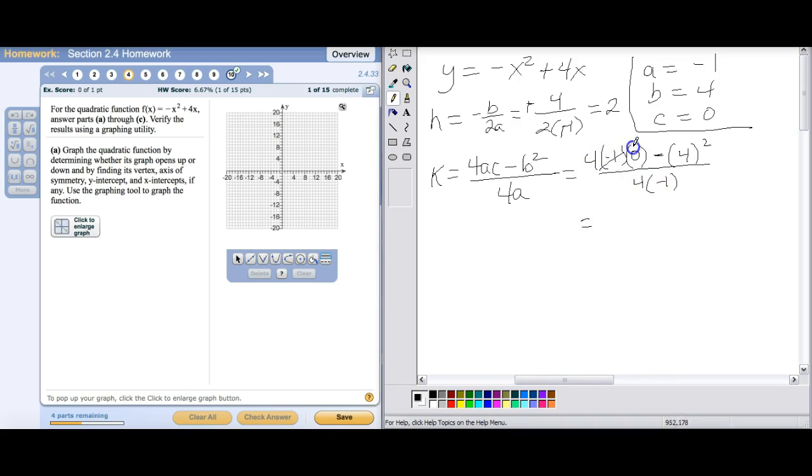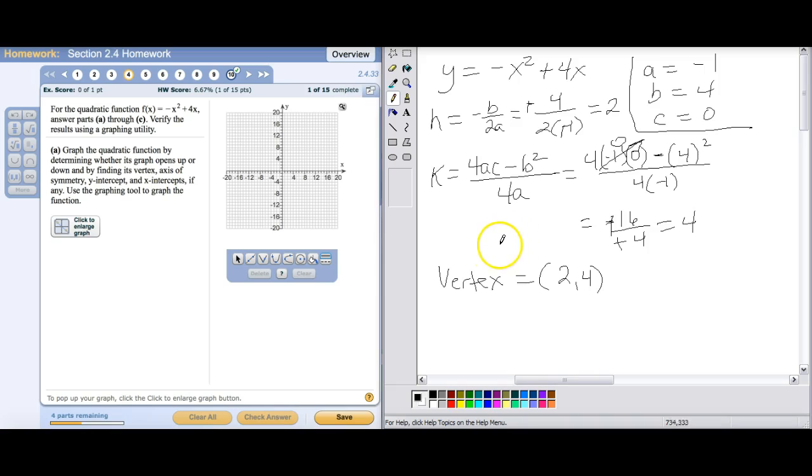So from there, we know all of this ends up being 0, so we just have a negative 4 squared, which is 16, over negative 4. Negative divided by negative is a positive, and so our answer is 4. So what we gather from here is that our vertex is going to be at the point 2, 4. So that's what we know.